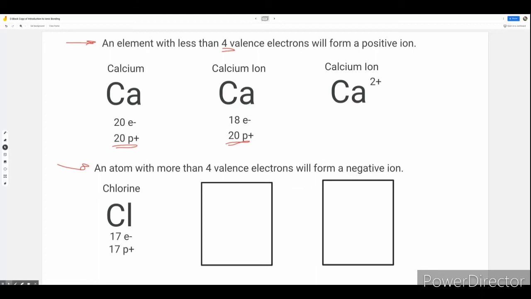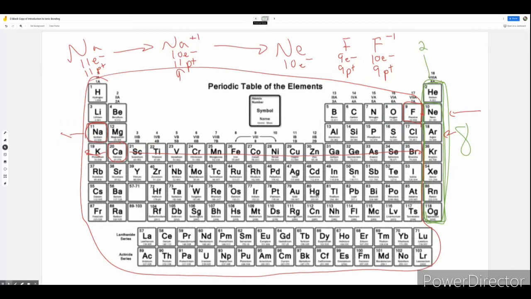And then chlorine, which is here, is between neon and argon.